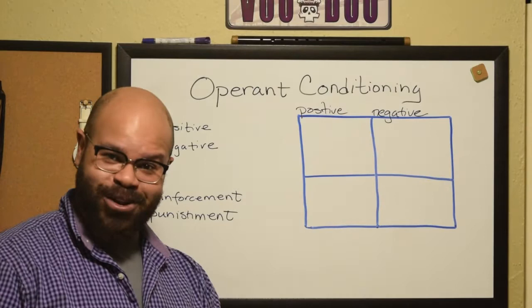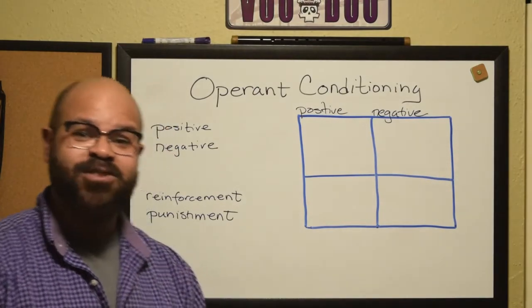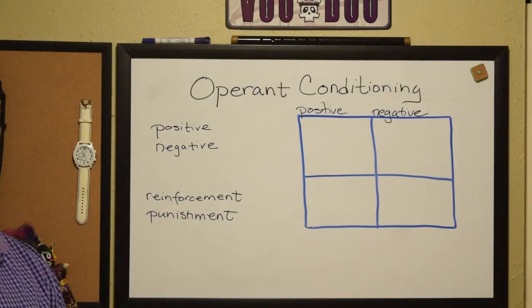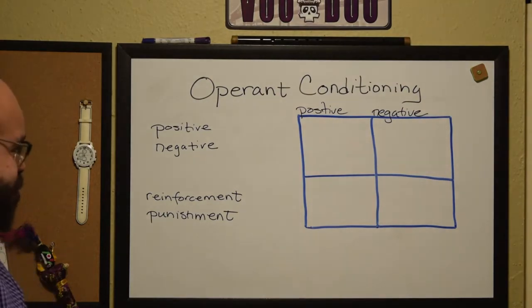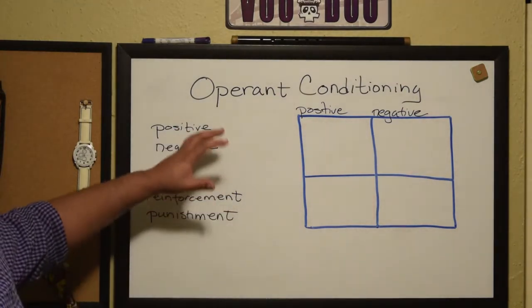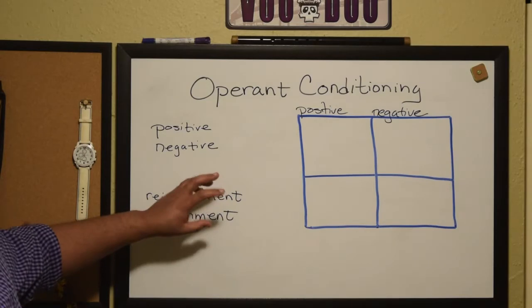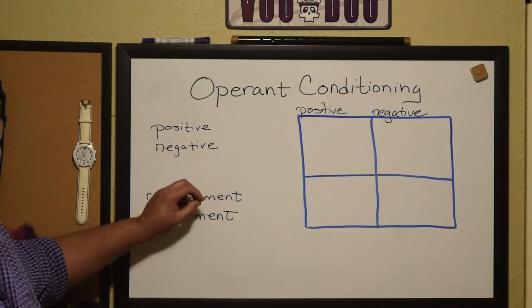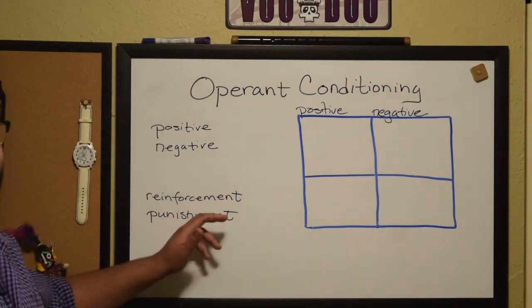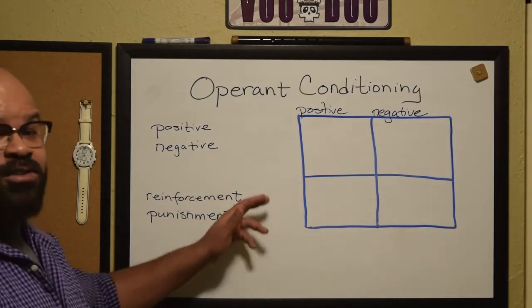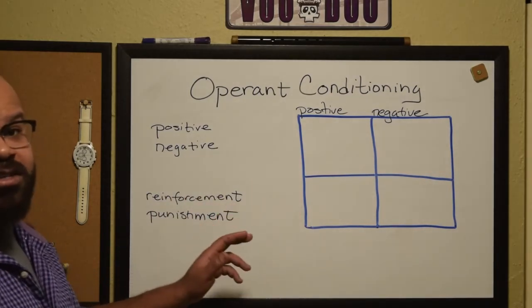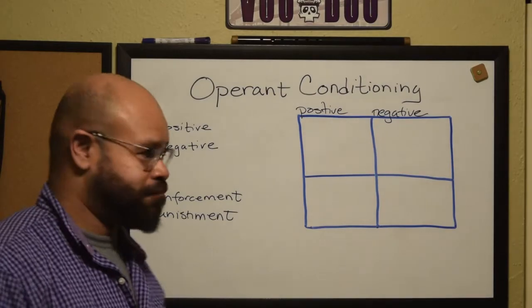They just want to be noticed in that way, and so even though you mean it as a punishment, it actually serves as a reinforcement. So these things can go either way, but the main thing to understand is that they are what they are. If it increases behavior, it's a reinforcement. If it decreases behavior, it's a punishment.